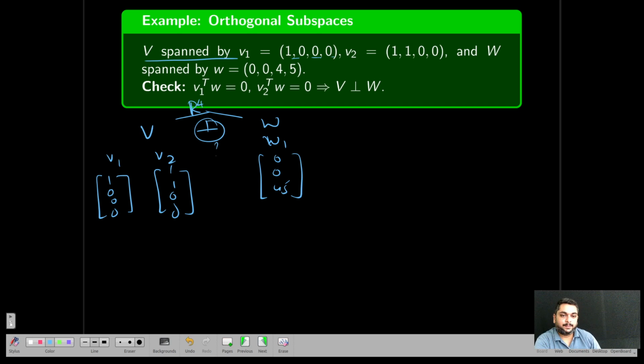This is what we are checking. So how will you check? v1, w1 should be equal to 0 and v2, w1 should be equal to 0. If you check, v1, w1 is 0. That holds. v2, w1 is also 0. So both subspaces V and W are orthogonal to each other, and they are called orthogonal subspaces.